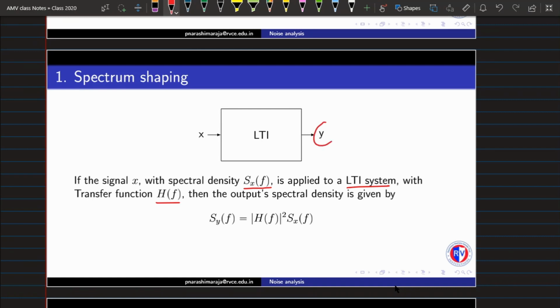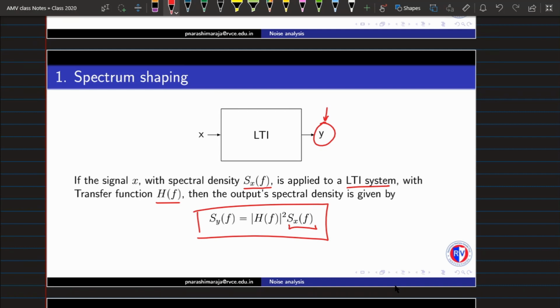then the output power spectral density of this system can be written simply as a product of the magnitude square of the transfer function times the input signal power spectral density. So you have to be aware that it is not just a simple multiplication of the power spectral density with the transfer function, but we have to take the square of this transfer function.